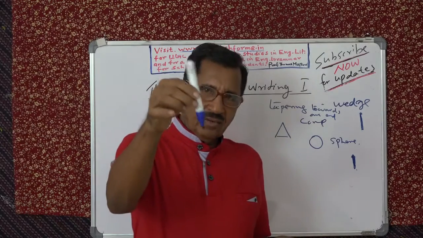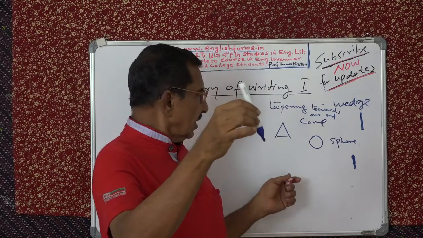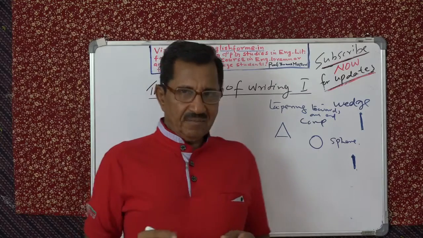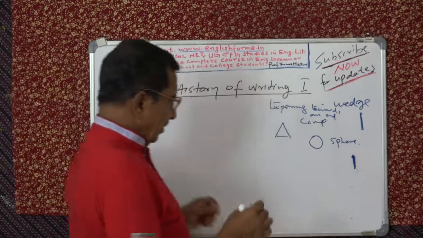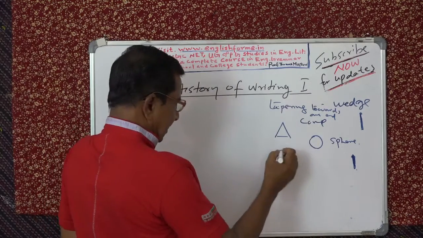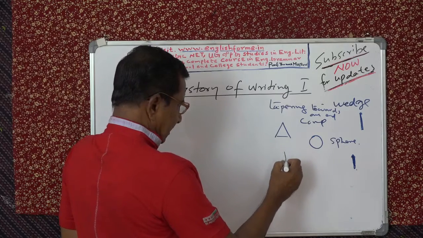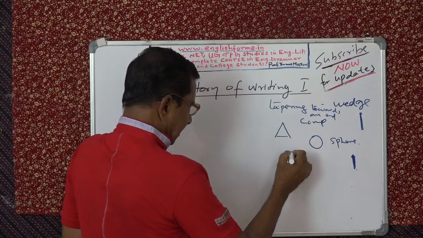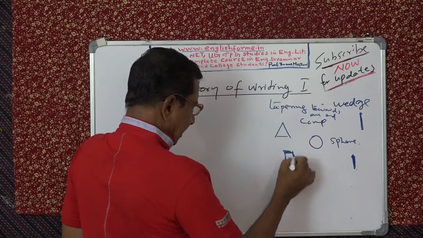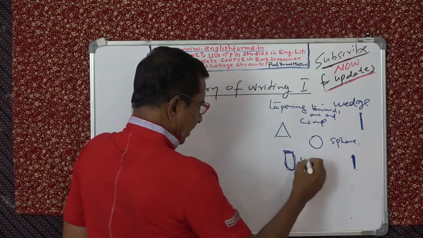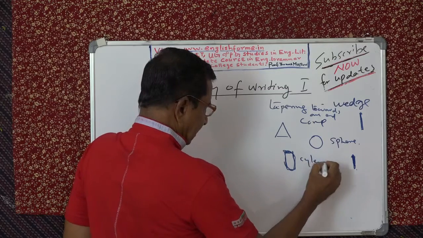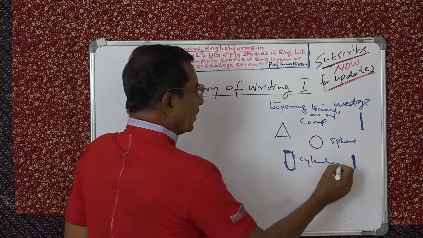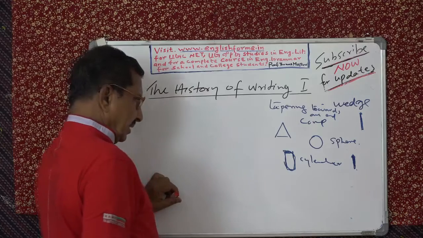This is what you call a wedge, and then you have this cylinder shape, cylinder.